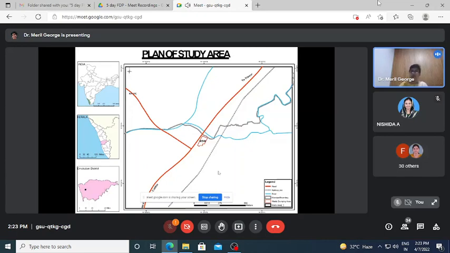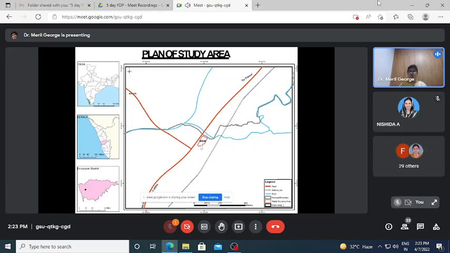We know that the municipal solid waste dumping site is marked here, and this red line indicates the national highway passing through that particular area, and a railway line is passing there. Next, the blue line indicates a tributary of Periyar.